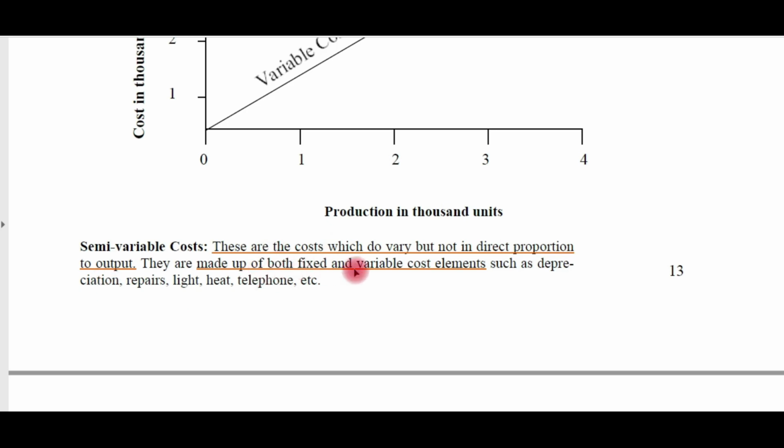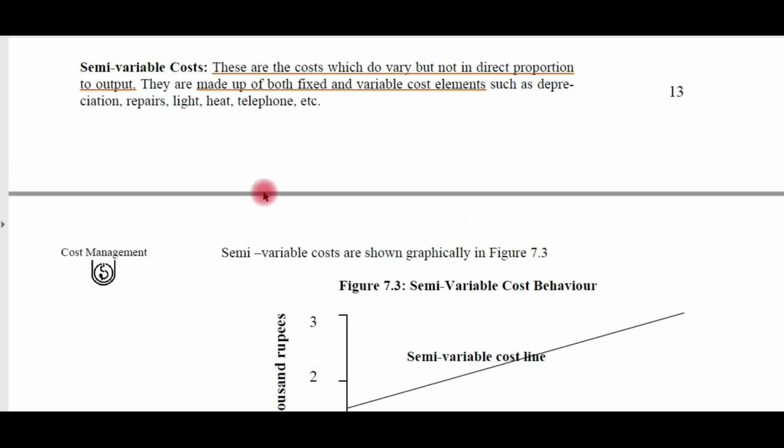Semi-variable costs. These are costs which do vary, but not in direct proportion to the output. Okay, semi-variable costs means a part of the cost is fixed and part of the cost is changing. For example, depreciation, light, heat, telephone. Because telephone charges, sometimes it may increase, sometimes it may decrease.